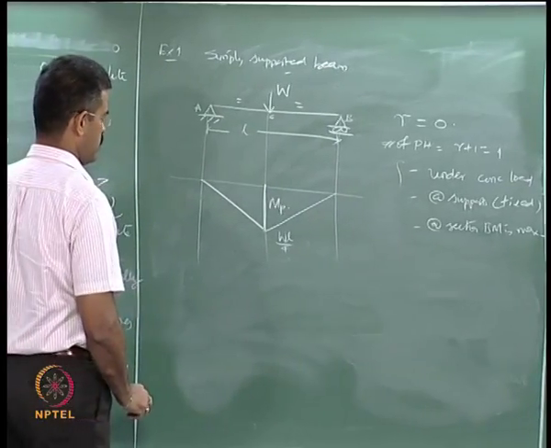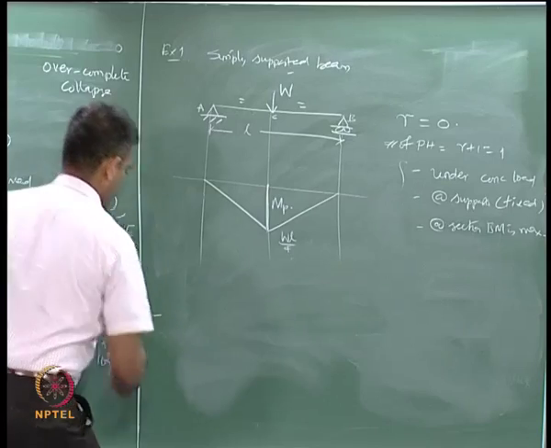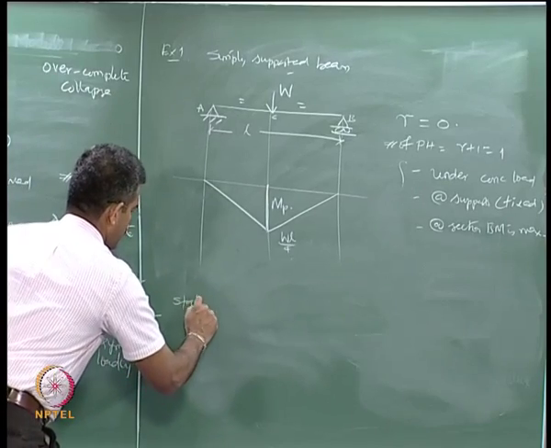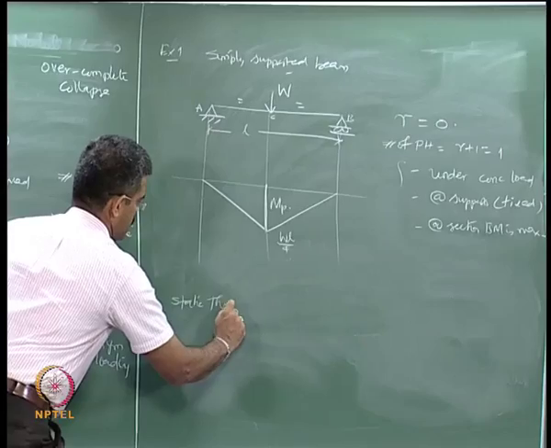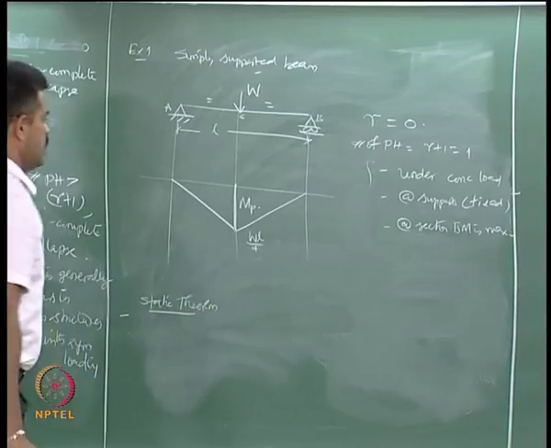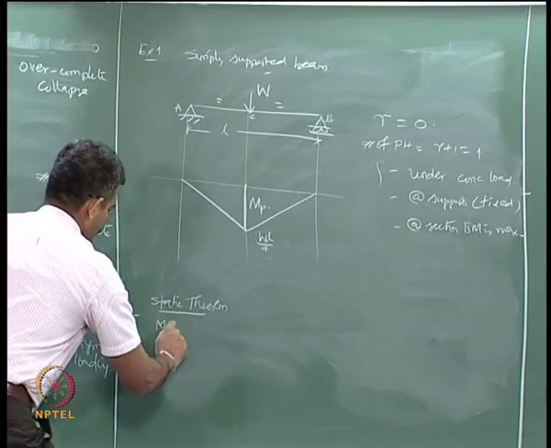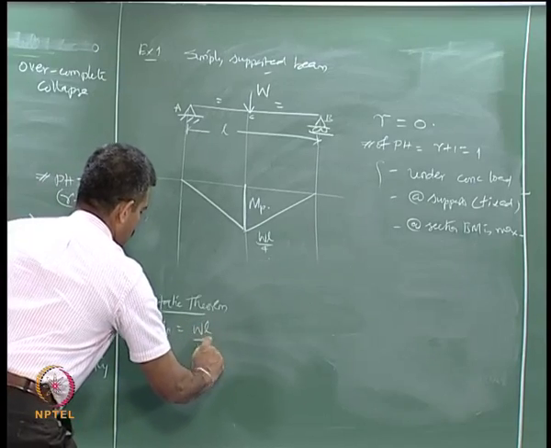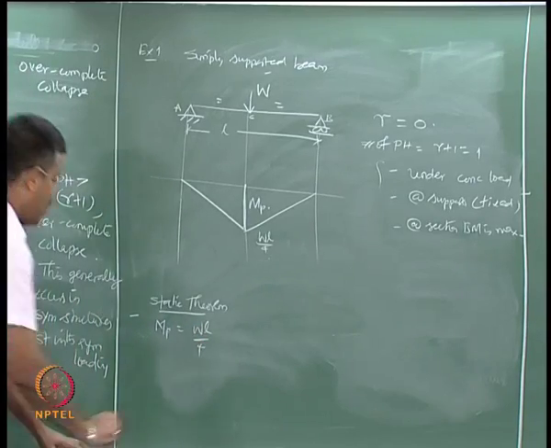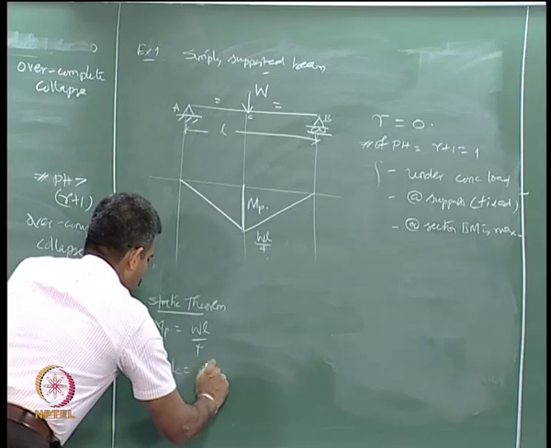Static theorem: MP will be equal to WL by 4, or WC will be 4 MP by L.